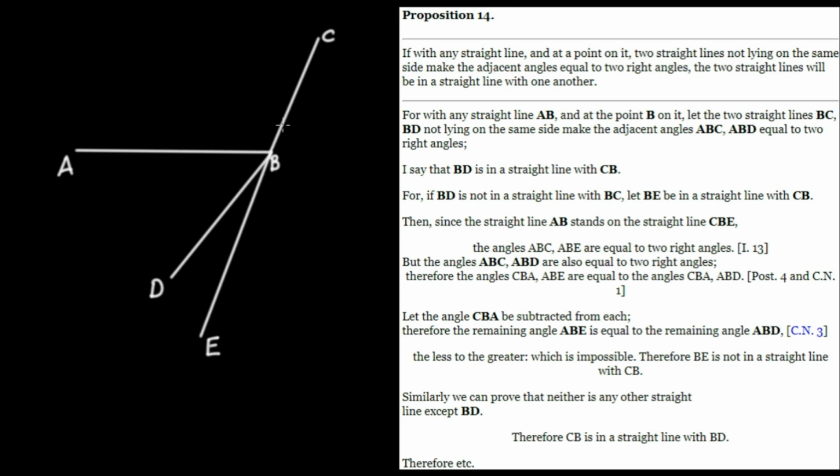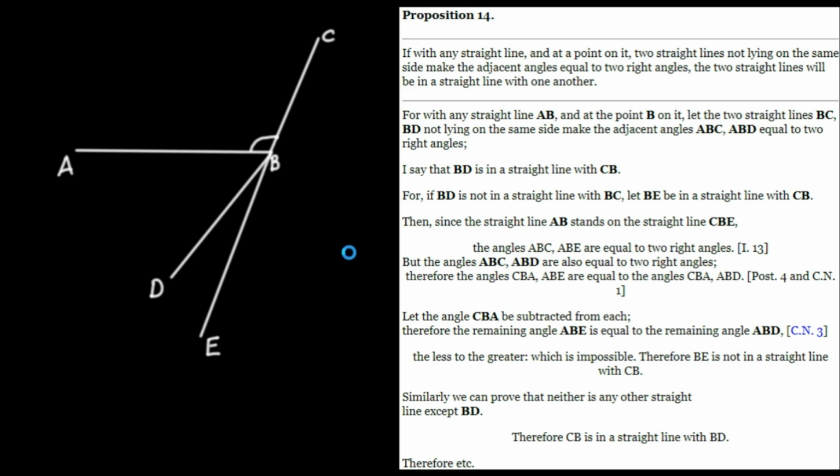Let BE be in a straight line with CB. Then, since the straight line AB stands on the straight line CBE, the angles ABC and ABE are equal to two right angles. Now, why is that true? That was proved in the previous proposition.